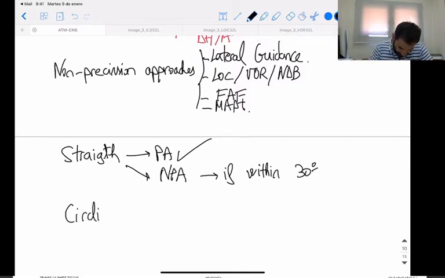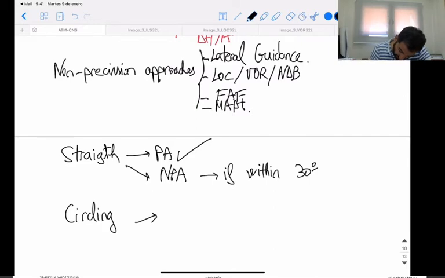Circling is a sort of visual approach in which, typically because of obstacles in the surroundings, mountains, orography, we cannot have the final approach segment aligned with the runway or within those 30 degrees, and then I need to make the approach in a turning way.